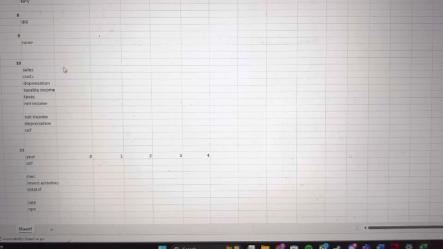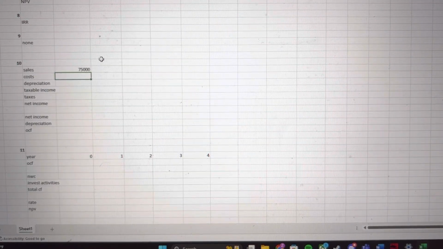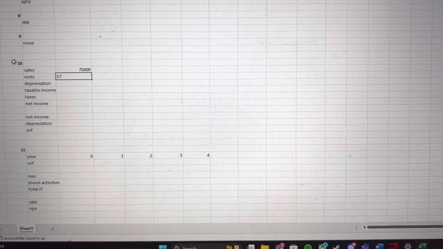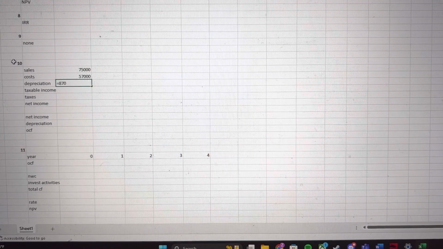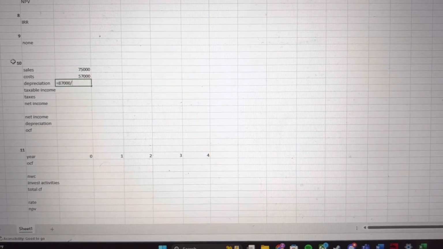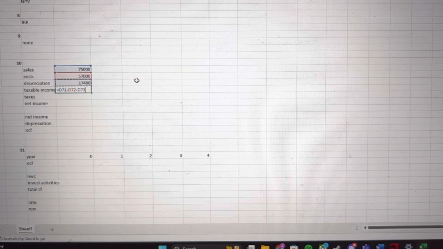So the sales are $75,000. The costs are $57,000. To find depreciation, we do the $87,000 fixed assets divided by 5 years. The taxable income is the sales minus costs minus depreciation.